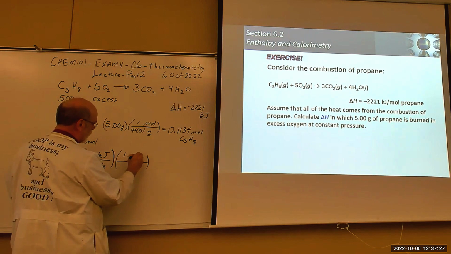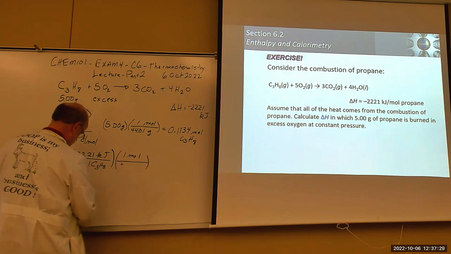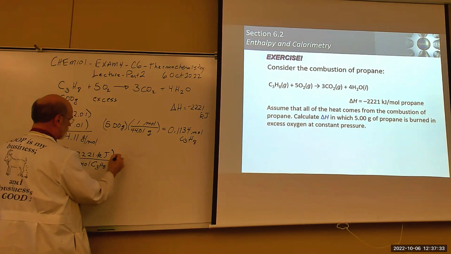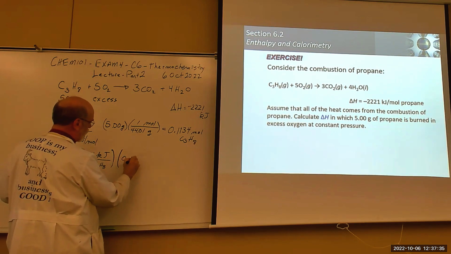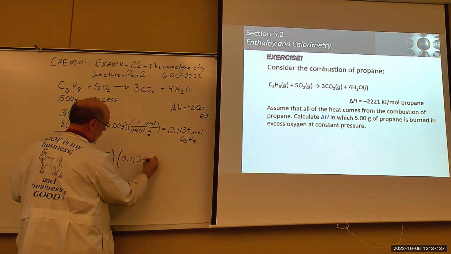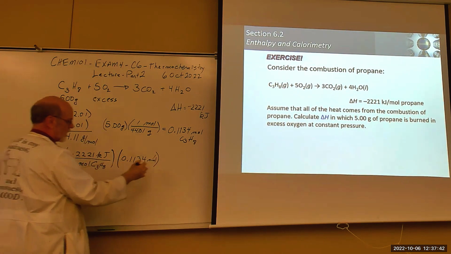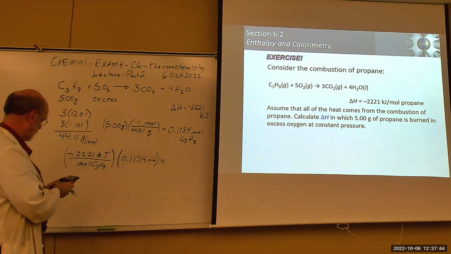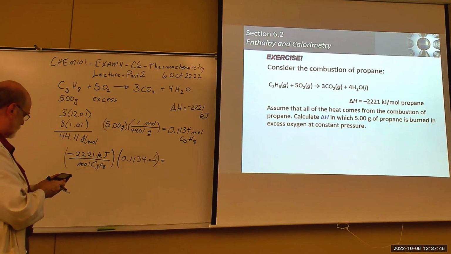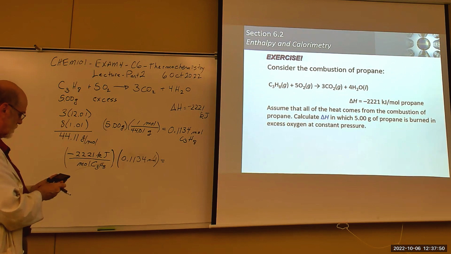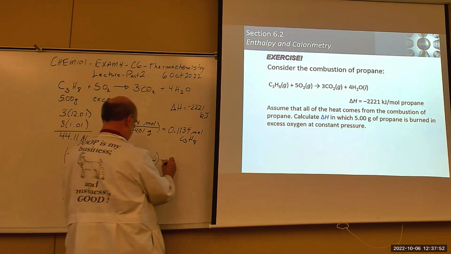So for every 1 mole of propane, excuse me, how many moles of propane? 0.1134. This way, the moles cancel and leaves us with kilojoules. All right, so 2221, and that's a negative.